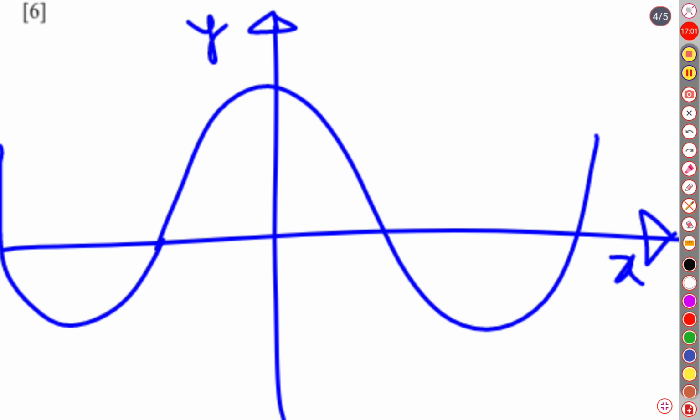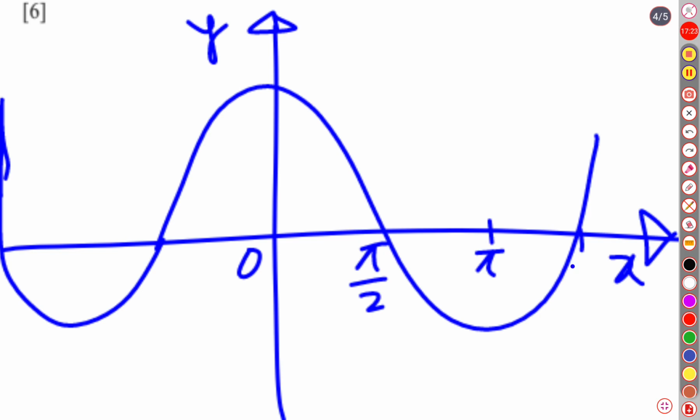Okay, you know that the cos graph is symmetrical about the y-axis. On the y-axis, this is our 0, and here it is going to be pi over 2, here it is going to be pi, then this is 2 pi.